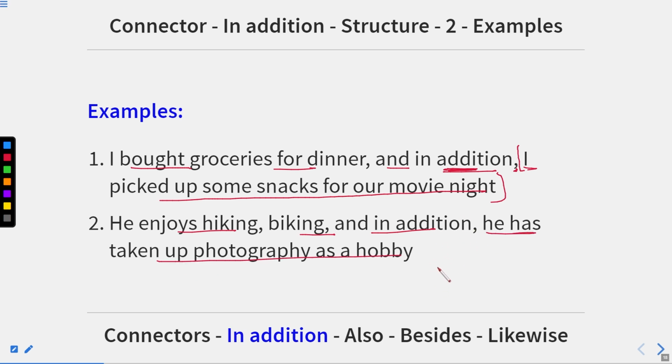So in the sentence we are talking about the hobbies of a person, and there is one more hobby of his, that he has taken up photography as a hobby. So this is extra information given about him, and we are using it with the help of the phrase in addition, and after that we have a comma.